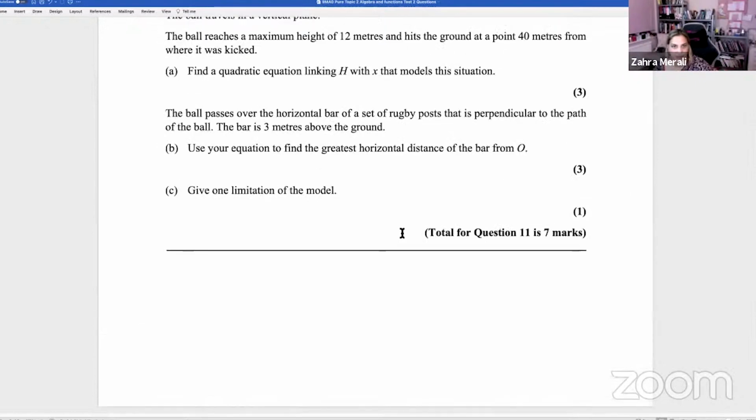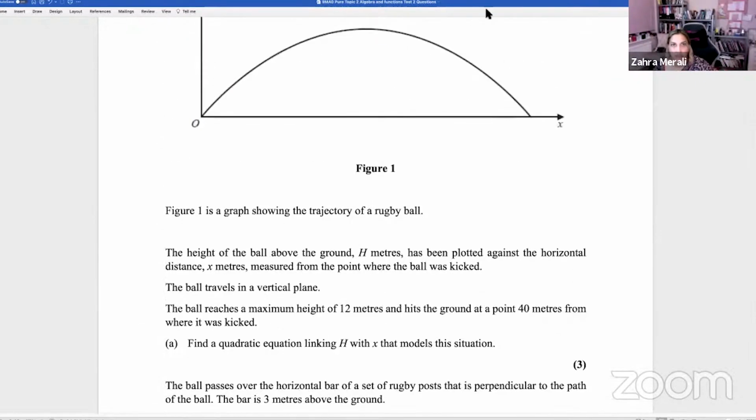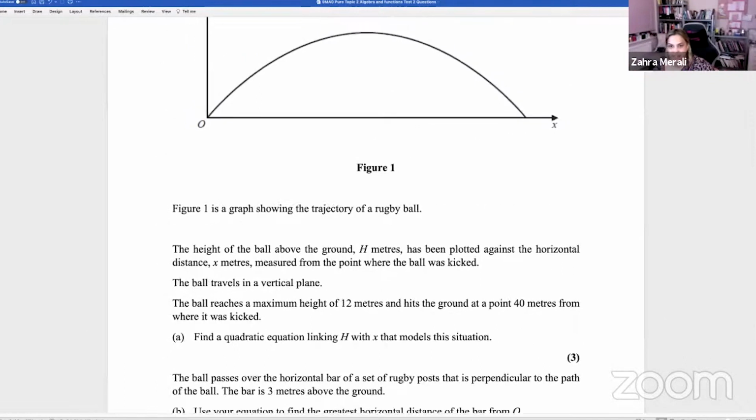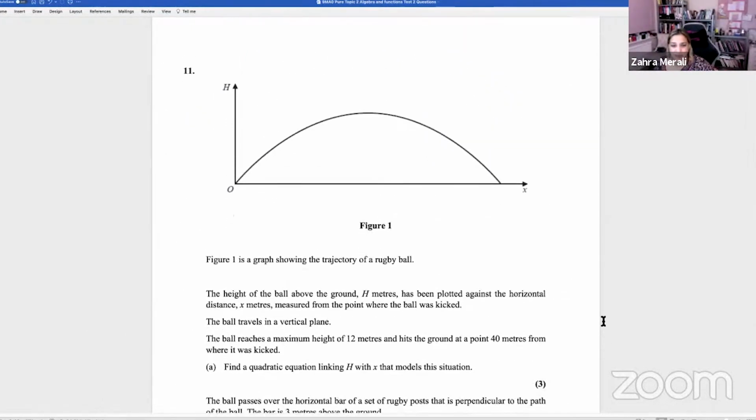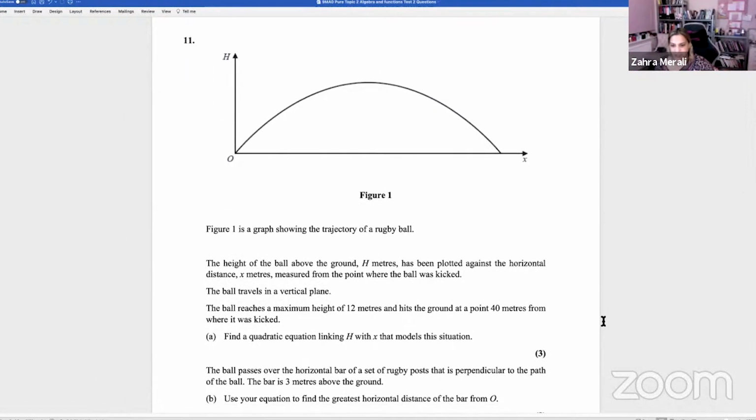Right. Last question. Oh, this is a nice question. Okay, we've got a negative quadratic and we're going to try find it. Remember, the minute we see a quadratic equation, if it's positive, we're thinking of our (ax + b) squared plus c.